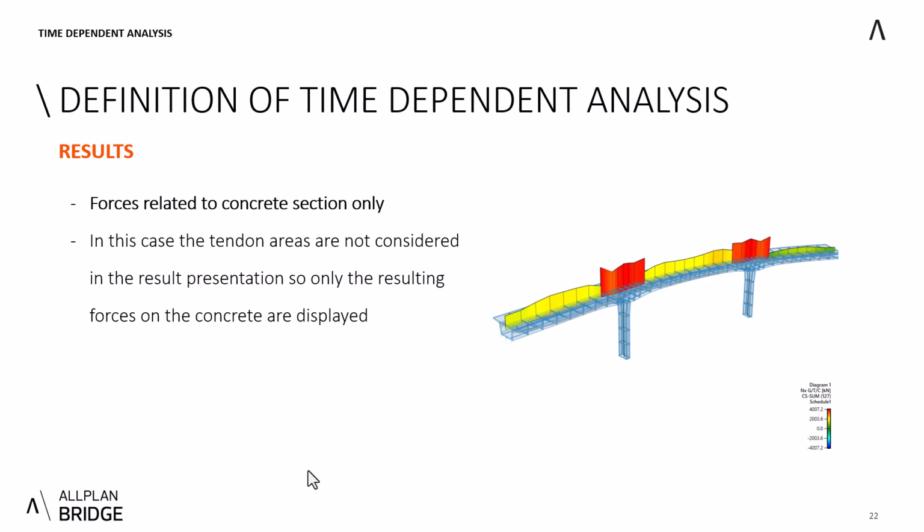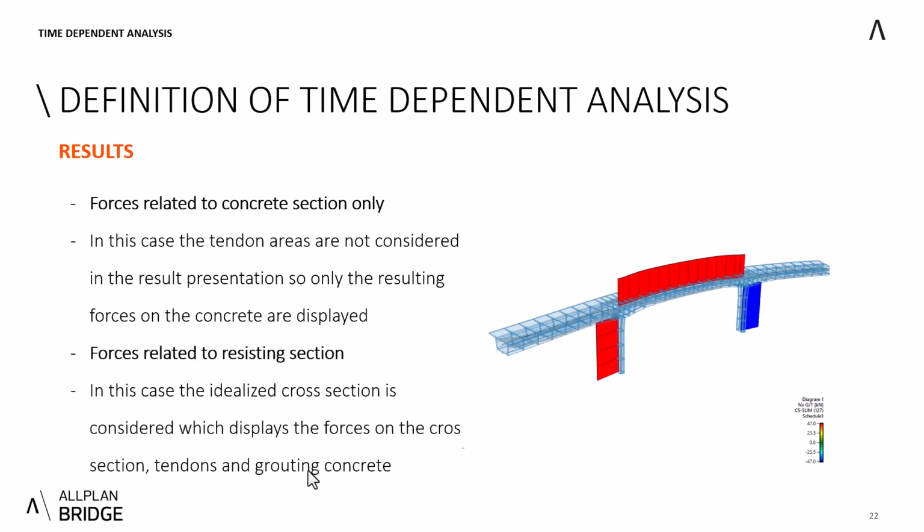We only consider the concrete section. And then we have forces that are related to the resisting section. In this case, the idealized cross-section is considered, which displays the forces on the cross-section, tendons and grouting concrete. So these are the two important result representations that we show.